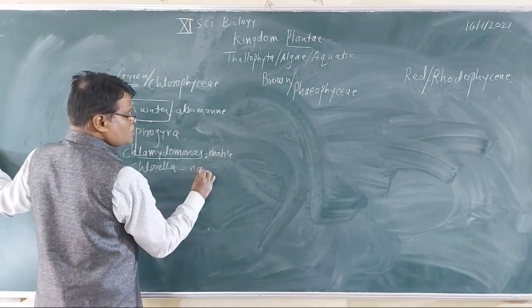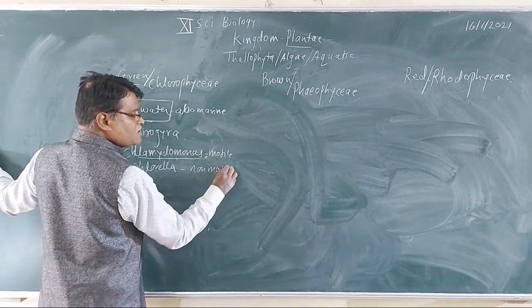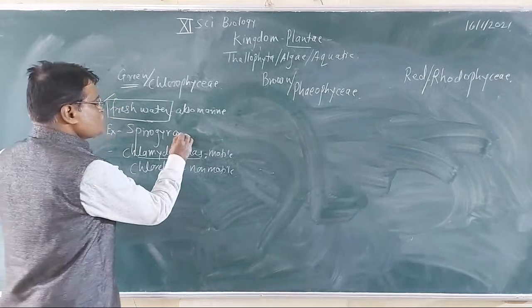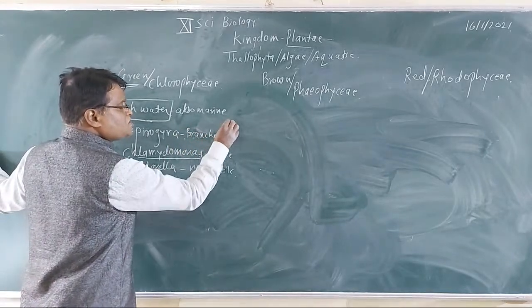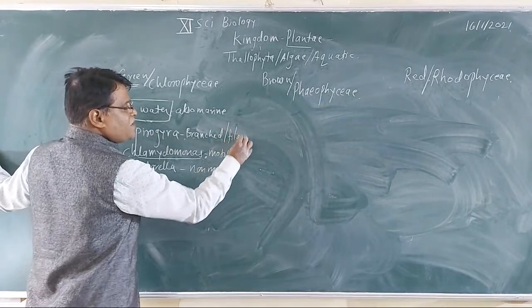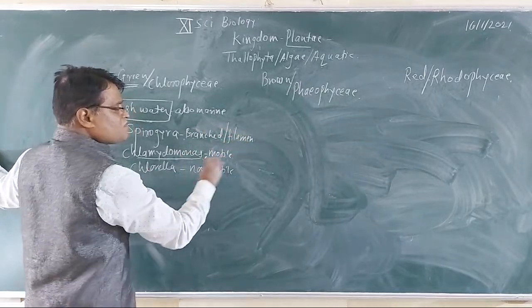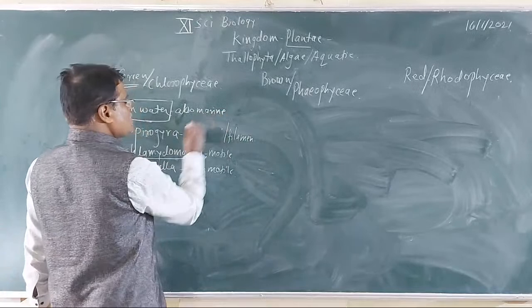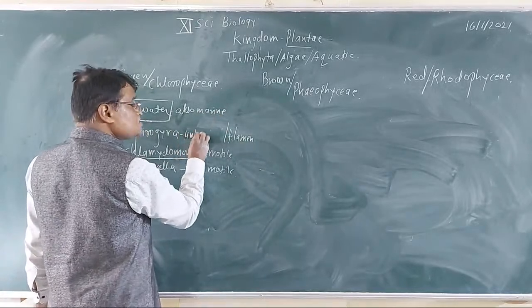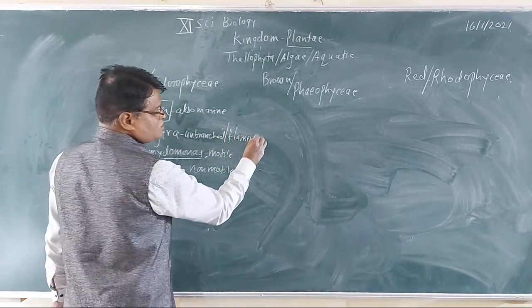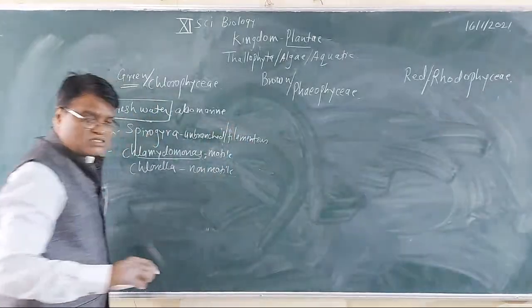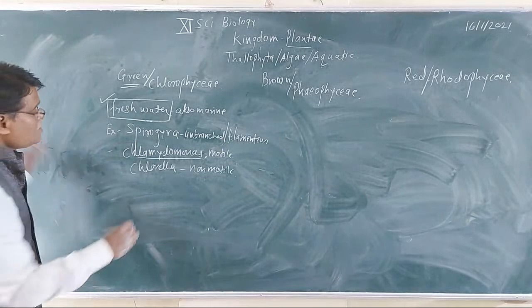Chlorella is a non-motile one, isn't it? Spirogyra is unbranched and filamentous.